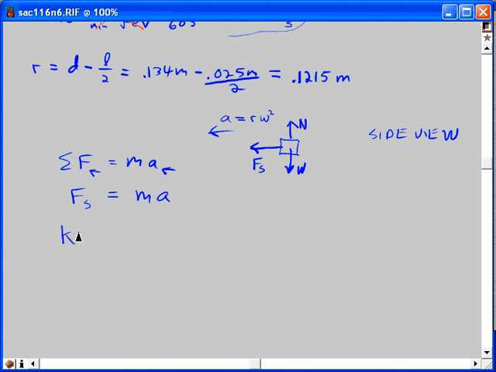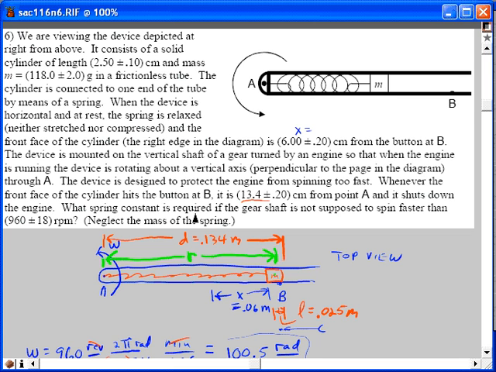Kx, the spring constant times the amount of stretch, is the spring force in magnitude, and I'm only worried about the magnitude here, so I'm not writing any minus signs, and it's equal to the mass times r omega squared. So K, the spring constant, which I believe is what they're asking for, what spring constant is required?